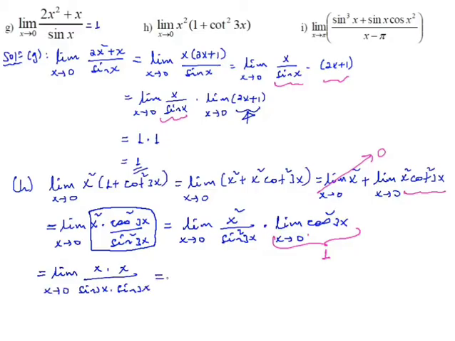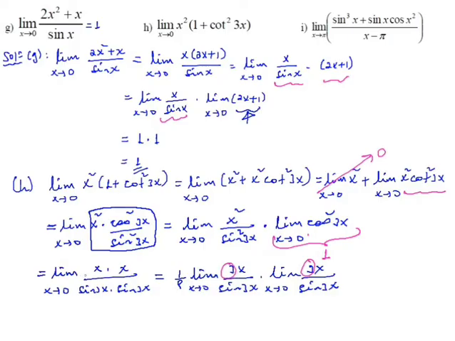So we can rewrite this as 1 over 9 times the limit of 3x over sine 3x times the limit of 3x over sine 3x as x approaches 0 in both cases. Why did I write it like this here? There is a 3 here and a 3 here. 3 times 3 is 9.